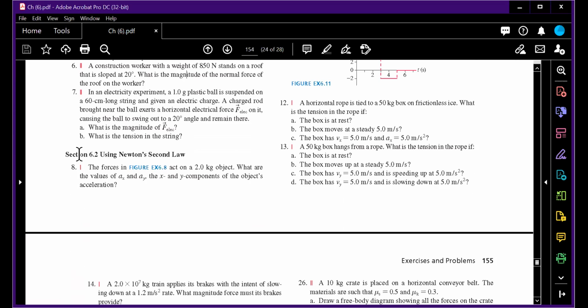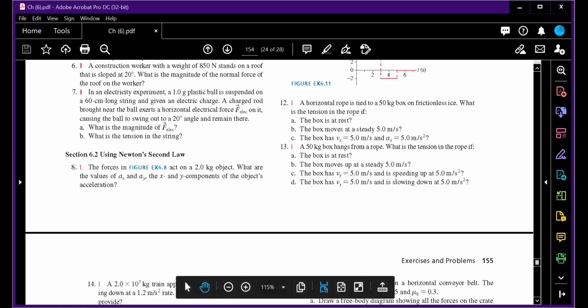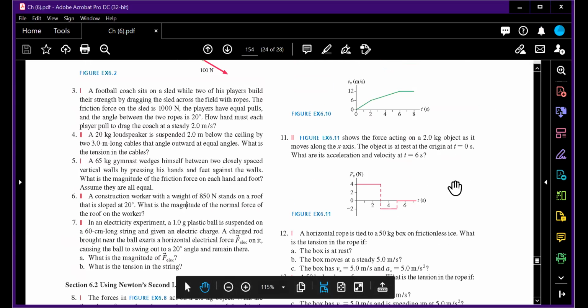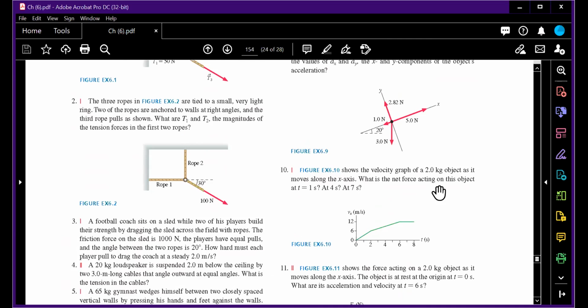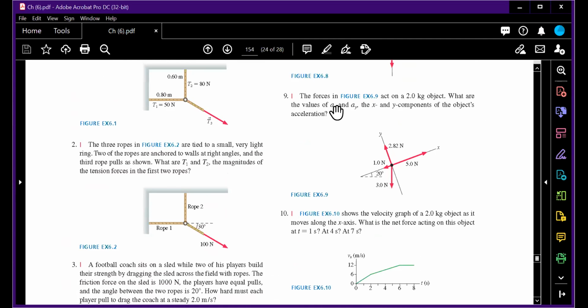Okay, let's see. One that I like to do that's just practice with summing the vectors is number 9, where you actually have all the forces on this incline, and we're trying to find acceleration.